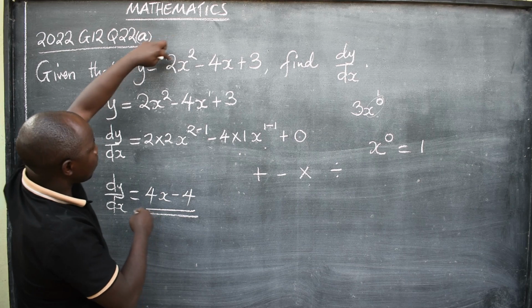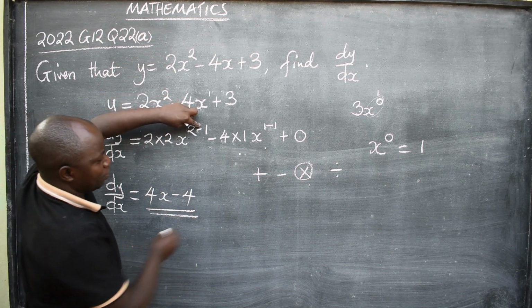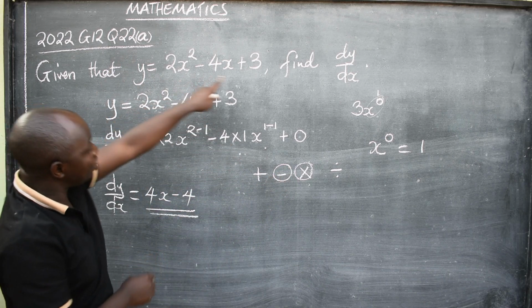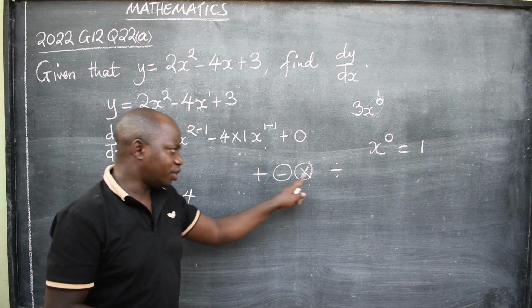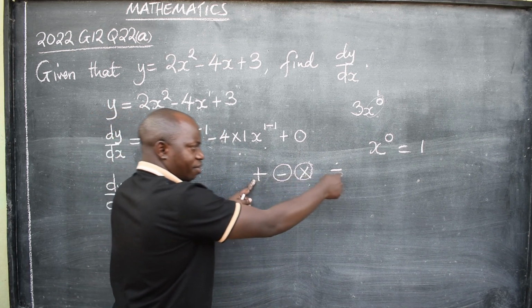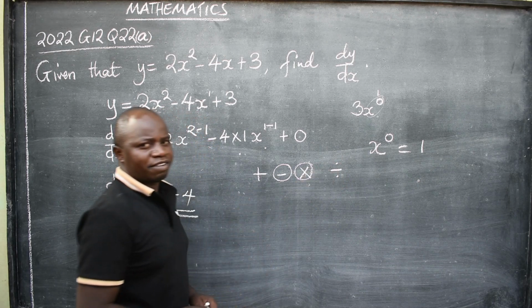You should always multiply. After you multiply, you subtract. So, under differential calculus, you use these 2. Then integral calculus, you use the remaining 2. There will be addition and division.